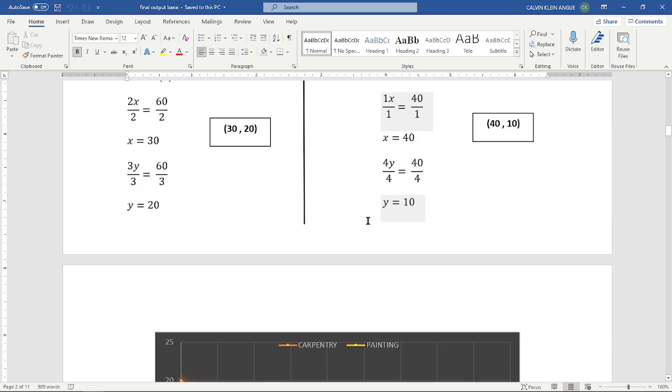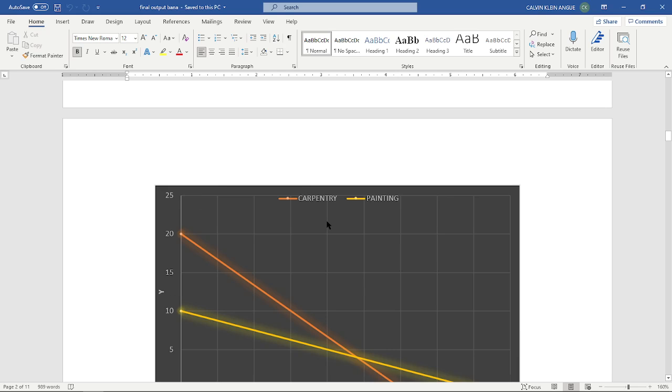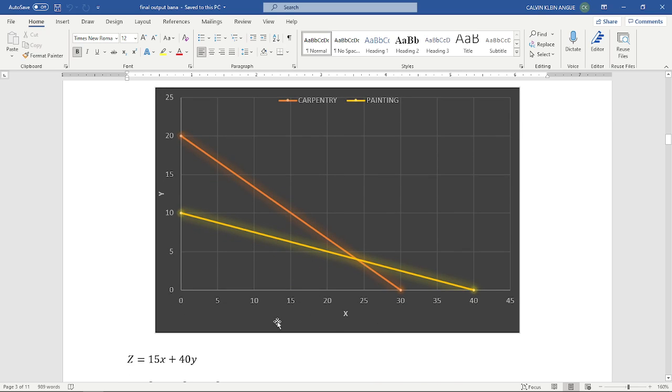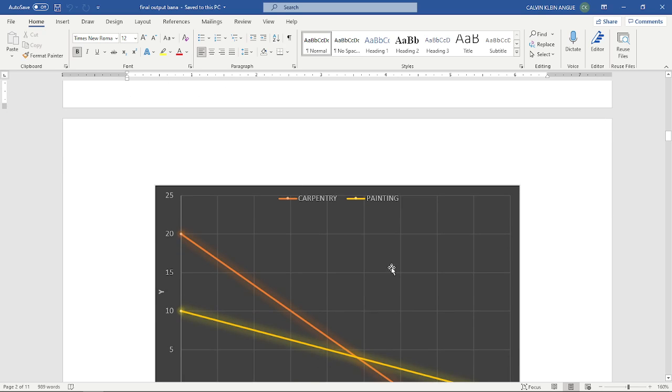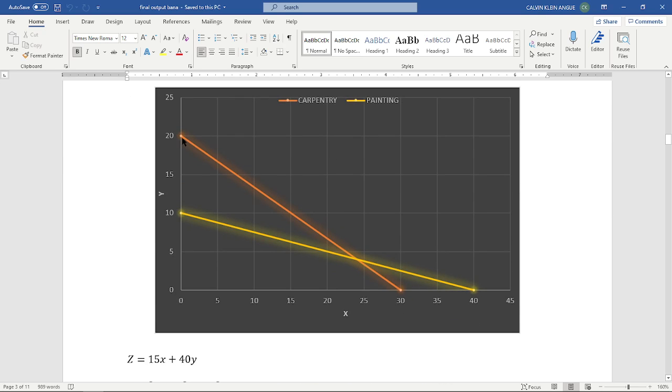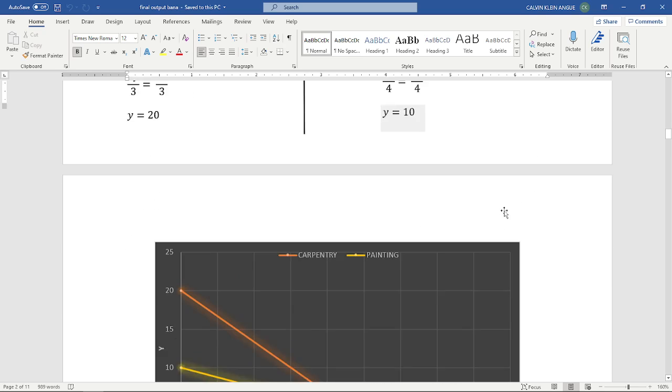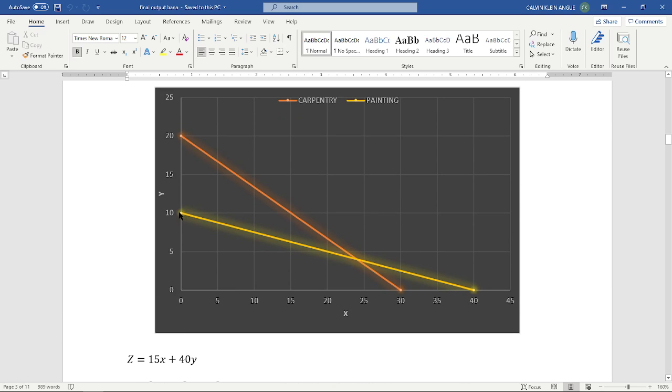So then how will you graph it? This is your x, and this is your y. For the carpentry, the points are 30 and 20. For the painting, the points are 40 and 10.